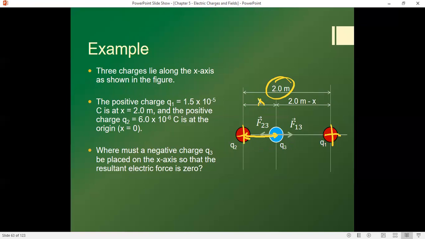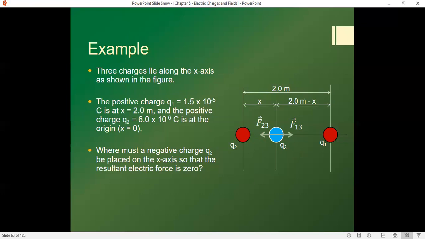And then I'm going to say there's another distance, which would be the difference between 2 meters minus x, which would be the remainder distance, okay? So for instance, if this were 1 meter, then the distance between Q3 and Q1 would be 1 meter. It's just the difference between the two.